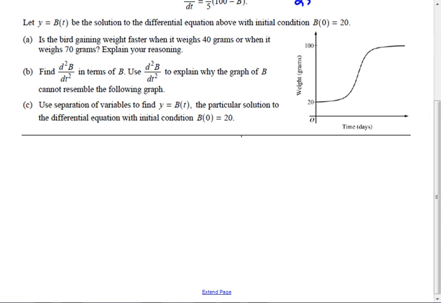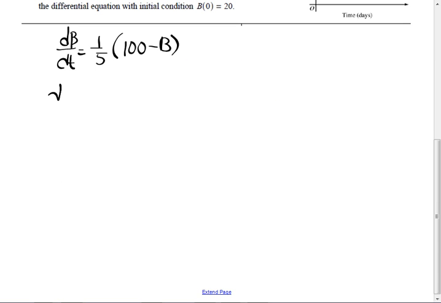Okay, so dV/dt is 1/5 times 100 minus B. And you took the derivative of that. So the second derivative is 1 times the derivative of the inside thing, which is negative, which is a hint for your antiderivative if you think about it, dV/dt.